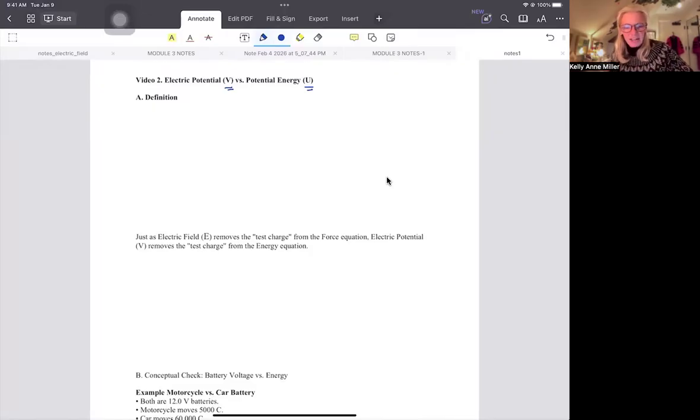So the definition of electric potential, V. V is the symbol for electric potential, and the definition is basically just the amount of potential energy per unit charge.